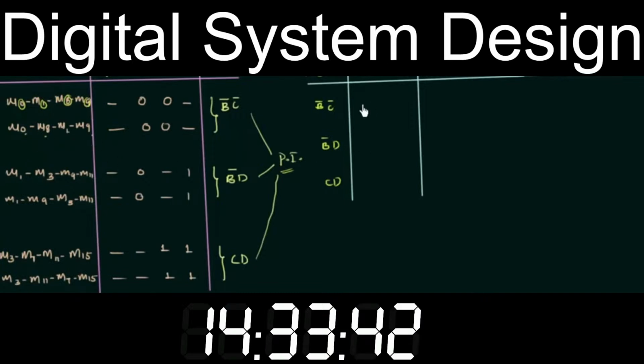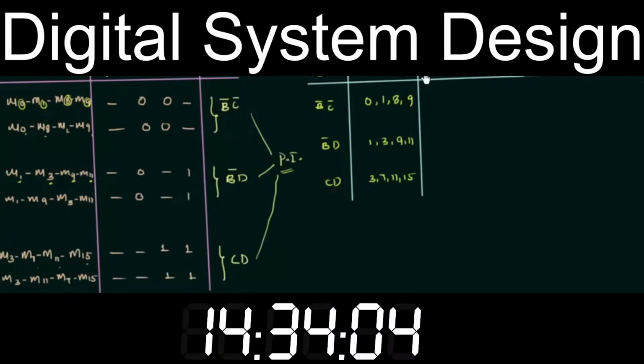So we are going to write it down 0, 1, 8 and 9. In the same way, for B complement D, we have 1, 3, 9, 11. For CD, we have 3, 7, 11, 15. And also we have to write down the given min terms.